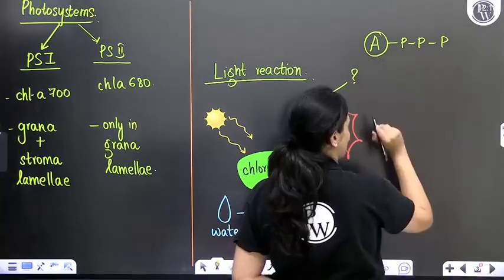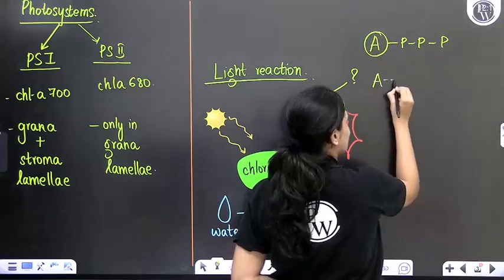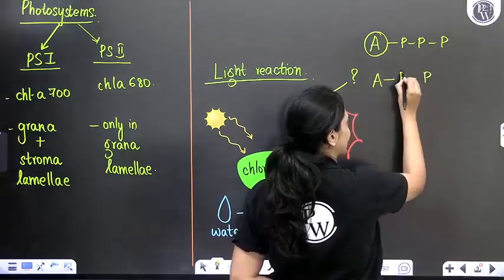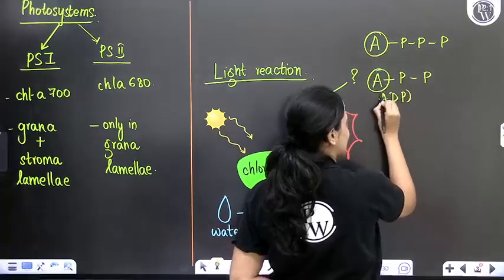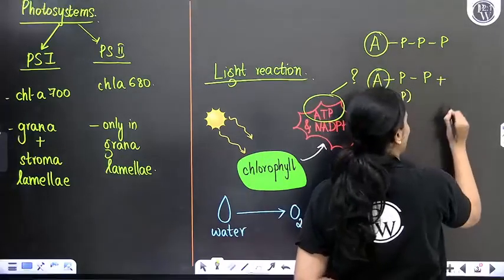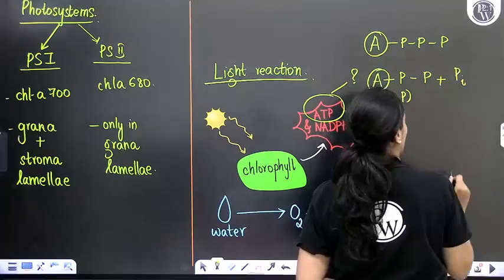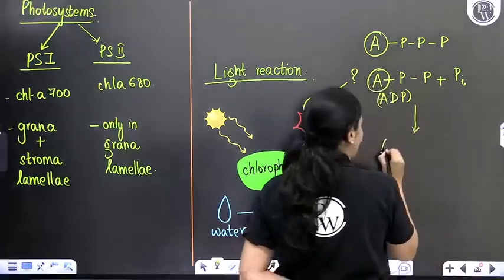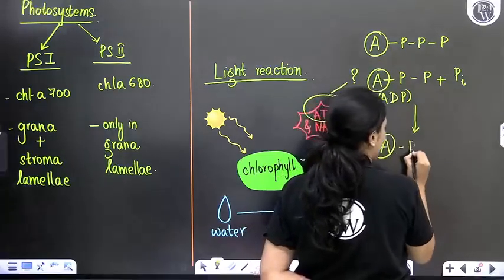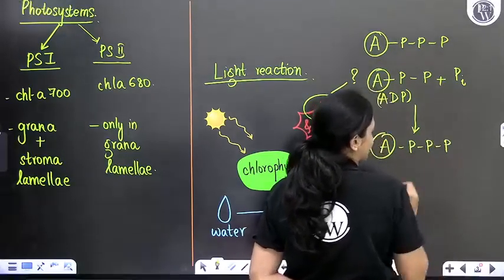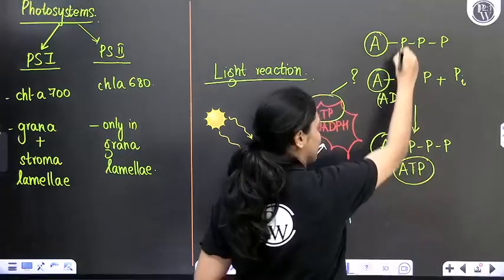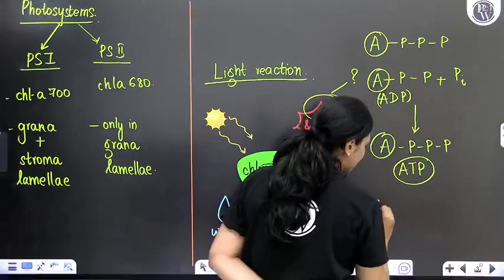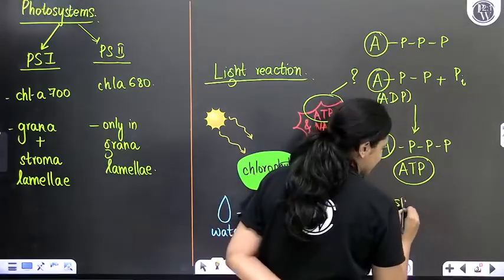Now for the formation of ATP, ADP, adenosine diphosphate having 2 phosphates, will combine with an inorganic phosphate to form adenosine triphosphate. The process by which ATP is forming is called phosphorylation.